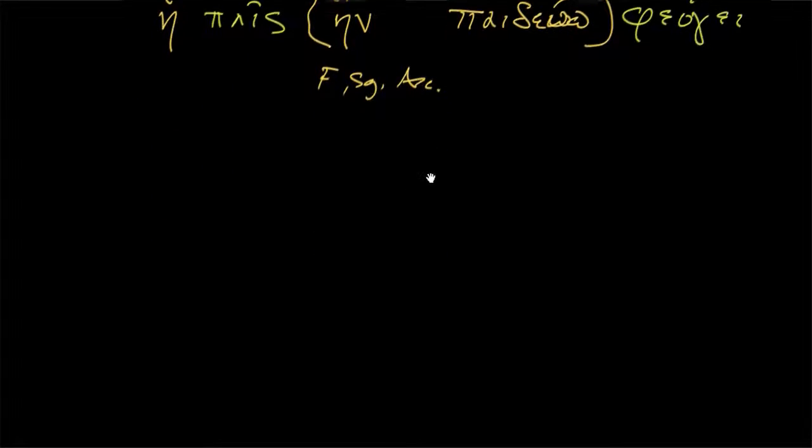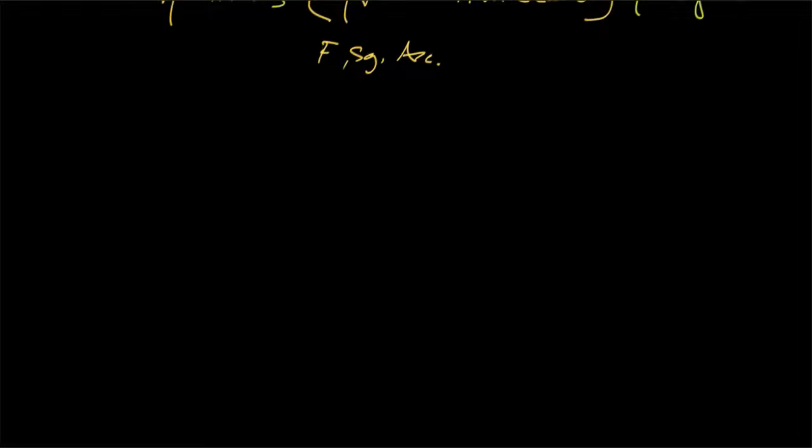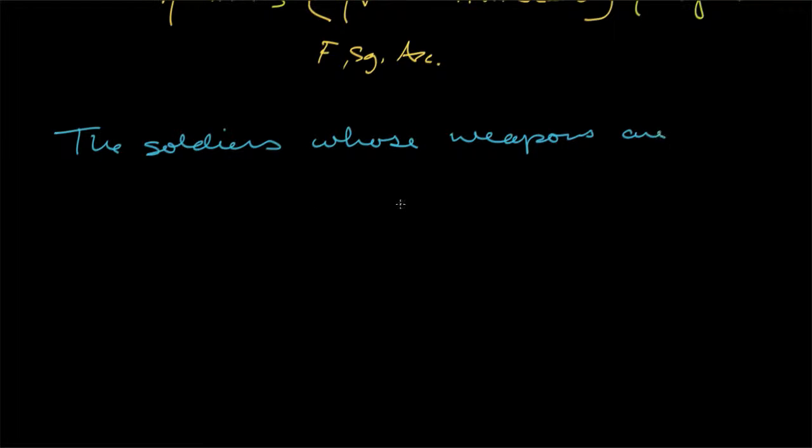So let's do one last one before we run out. And let's say the soldiers whose weapons are in the house. What do we want to say these soldiers do?